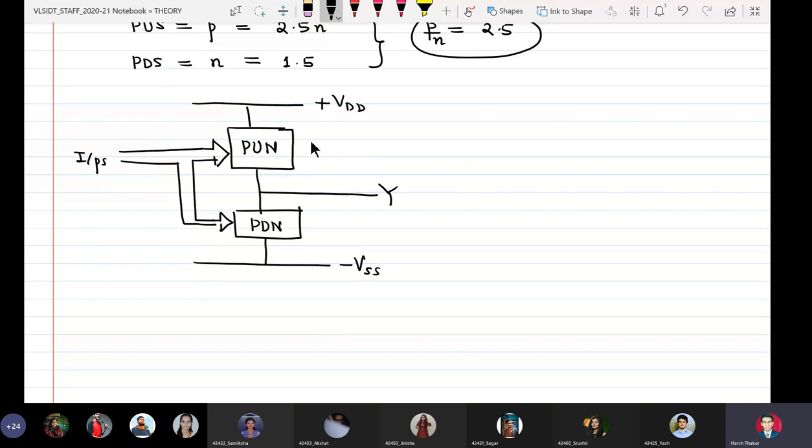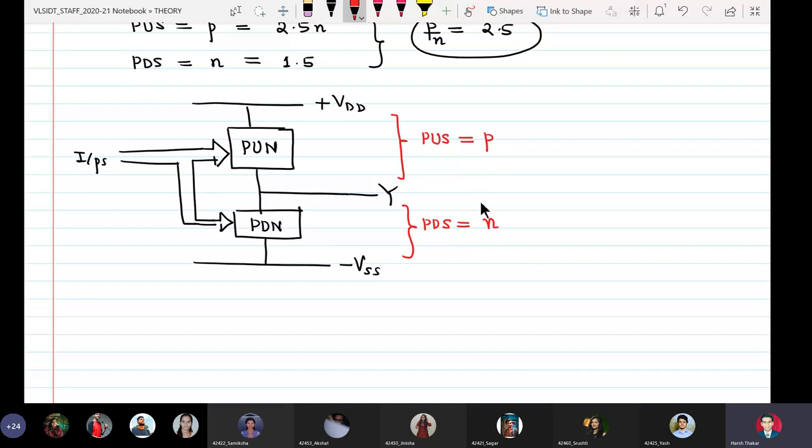And in this system, to have equal rise and fall times, the pull-up strength of the entire pull-up network should be equal to P, and the pull-down strength of the pull-down network should be equal to N. Is it okay?